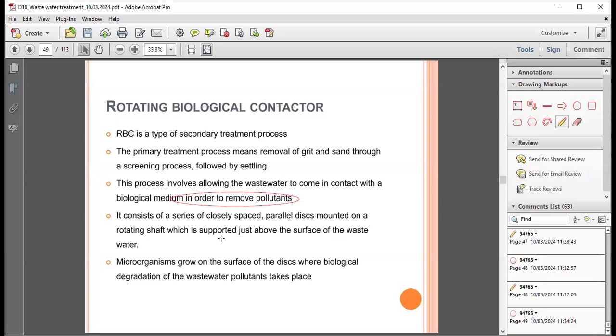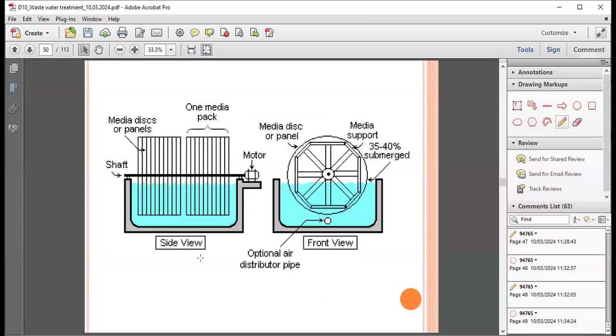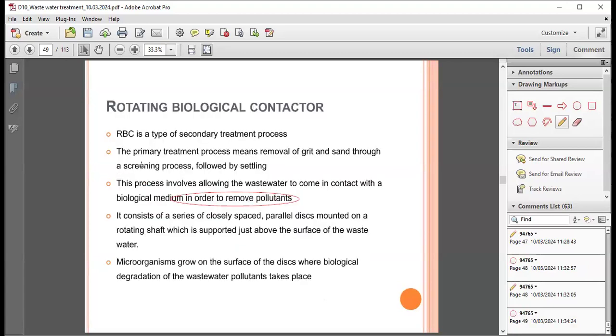It consists of a series of closely spaced parallel discs mounted on a rotating shaft supported just above the surface of the wastewater. The microorganisms grow on the surface of the disk, where biological degradation of the wastewater pollutants takes place. Then one media is RBC, the rotating biological contactor, right?